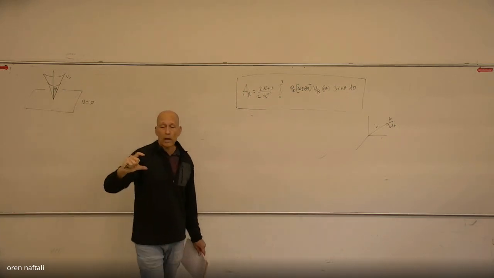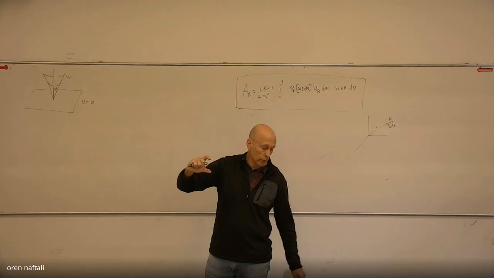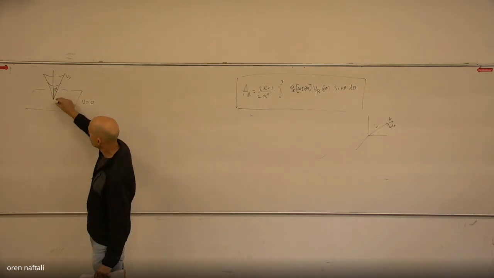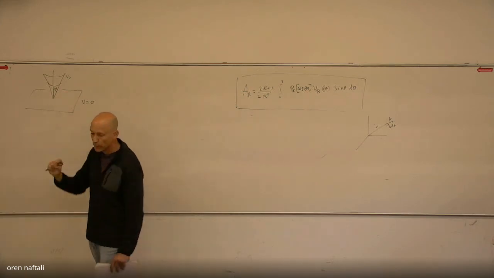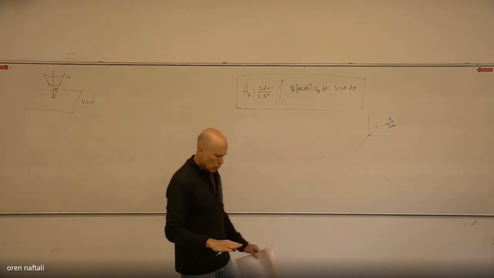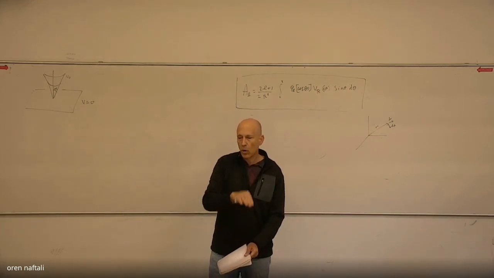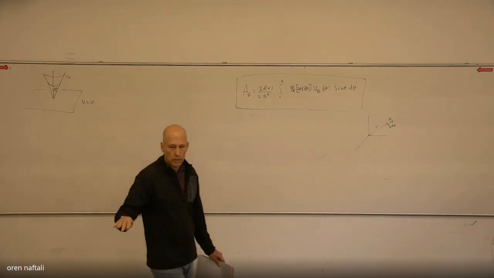In reality, you will have a little distance between them, only for the reason that you don't want the tip to break. But also, when you make this, then there'll be some current flowing, which depends on the distance. And then you go along a surface, and if you have a bump in the surface, you can tell how high and how low it is. So you're checking the topography of the surface.